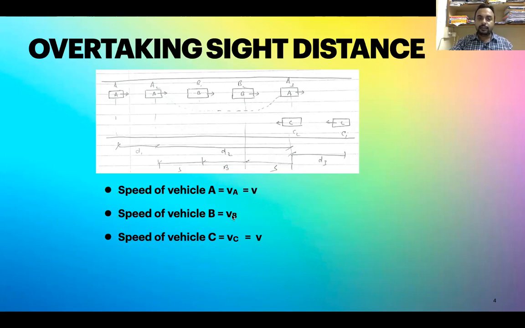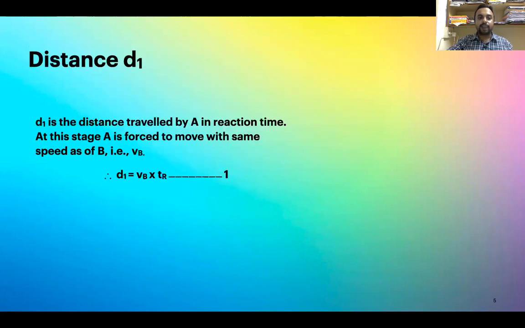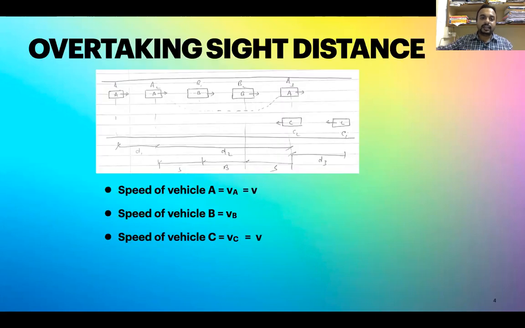Now to calculate the distance D1, it is very easy. Can you say what will be the distance D1? It is the speed of vehicle A multiplied by the reaction time of the driver. Now what is the speed of vehicle A? The speed of vehicle A will be equal to VB, not VA or V. Please try to understand why.